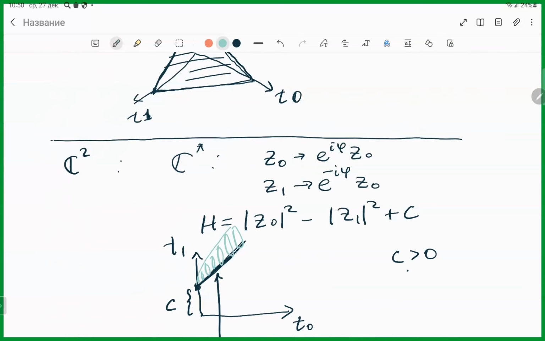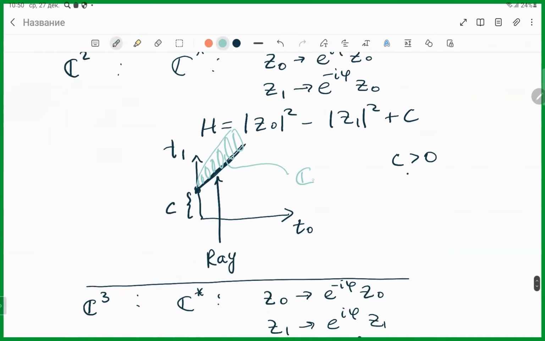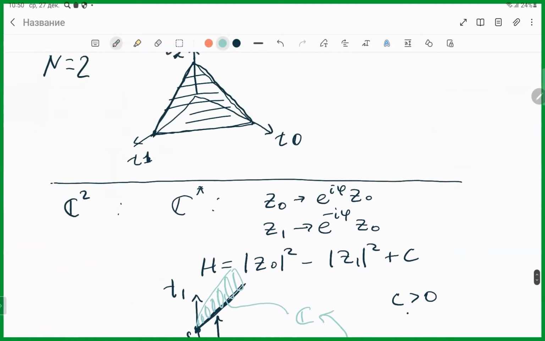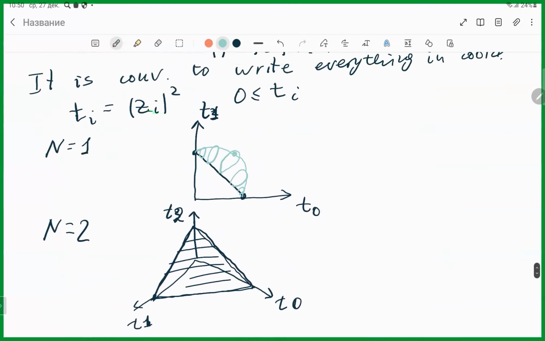So that's why the line here is C. It corresponds to the ray. The object here is CP1. The object here is CP2.